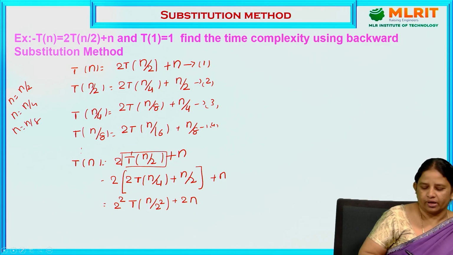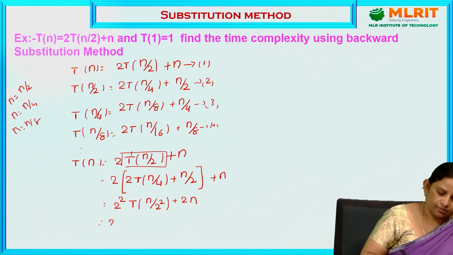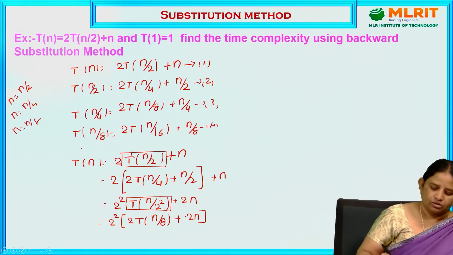Next, 2 square, in the place of t of n by 2, that is t of n by 4, we have to substitute equation number 3: 2t of n by 8 plus n by 4, plus 2n.